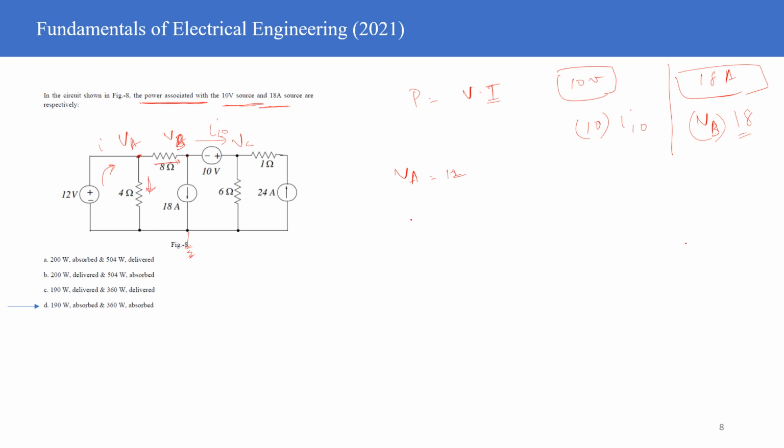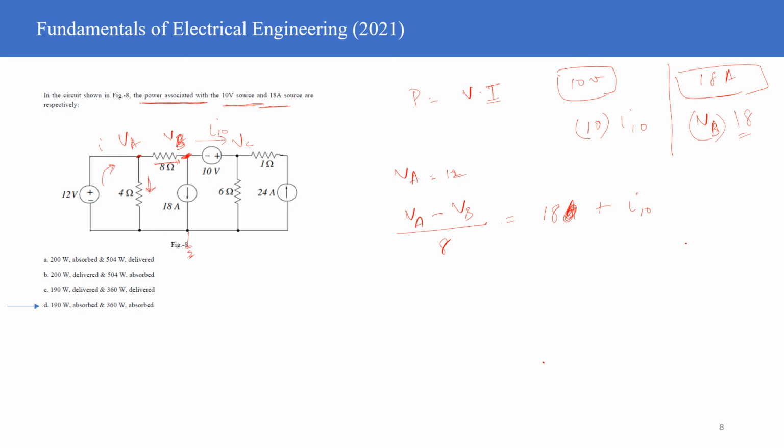So this is VA, I'm writing at node B now, right? VA minus VB, divided by 8, is equal to 18 ampere, plus I10, right? That is the KCL at node B. I will just write it as 18 to avoid any confusion.